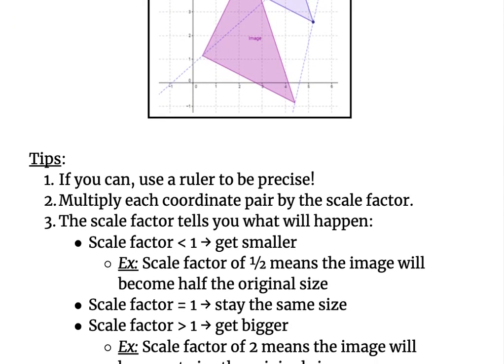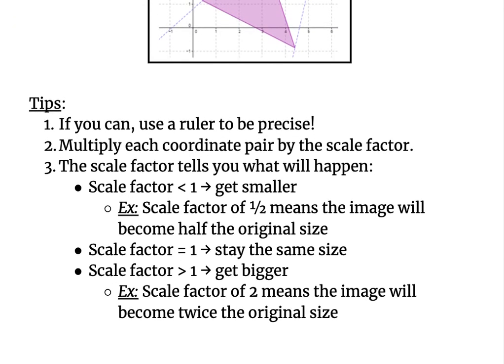Some tips: if you can, use a ruler to be precise, especially if you're doing it by paper and pencil. On a computer, it's going to be a little different, but if you can, use a ruler. My tip is to multiply each coordinate pair by the scale factor, which is more precise. We'll go over what that means later. The scale factor tells you what will happen, so be very careful and focus on that scale factor.